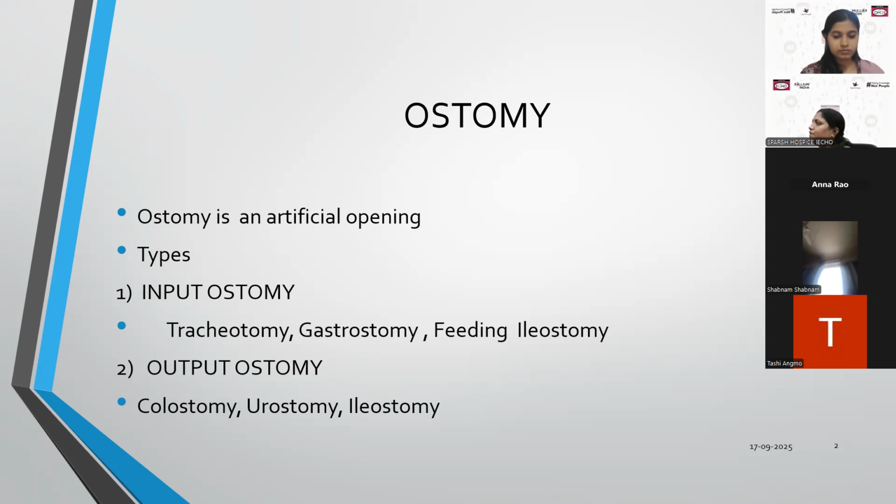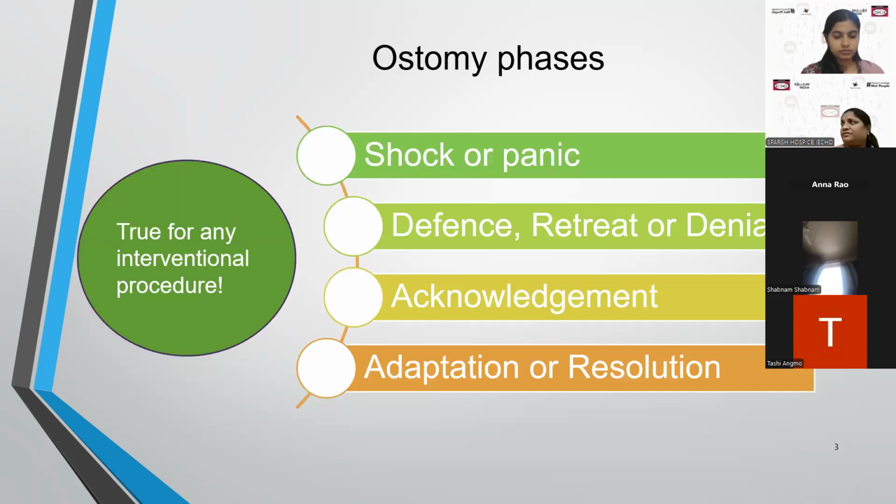Now let us see certain phases. What are the phases that come into the life of a person who is chronically ill? Most of our patients who have an ostomy are chronically ill. These phases are actually true for any interventional procedure. Say the patient has cancer.